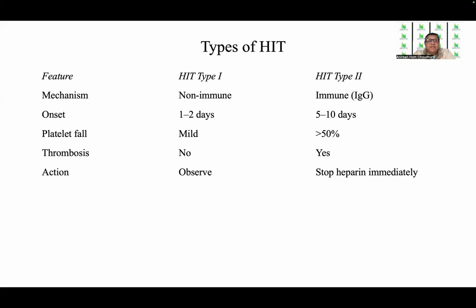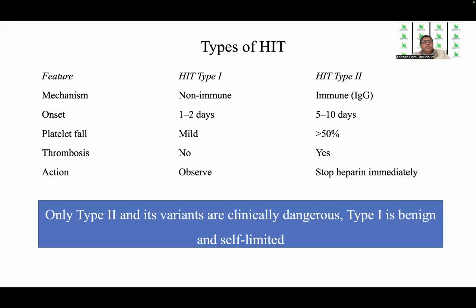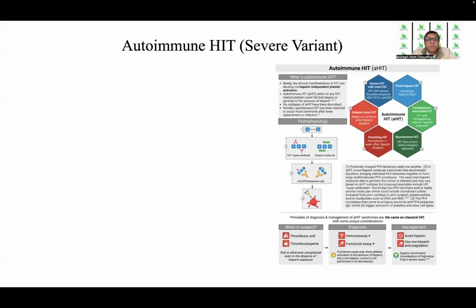Platelet fall is mild in type 1 and it is more than 50% in type 2. Thrombosis is not there in type 1 and there is thrombosis in HIT type 2, and the action is to observe in HIT type 1, and in type 2 we have to stop heparin immediately. So only type 2 and its variants are clinically dangerous. Type 1 is benign and usually self-limited.